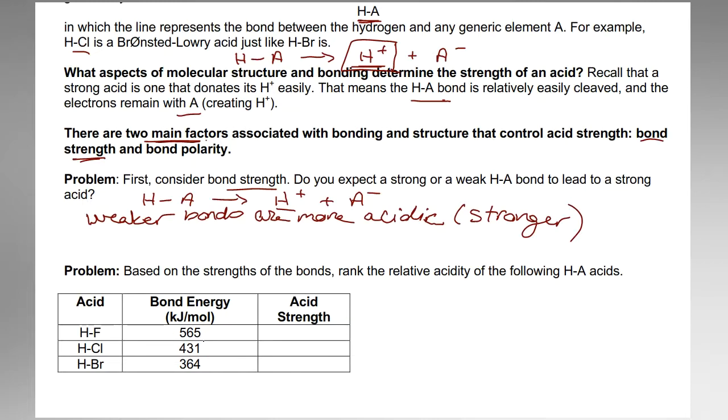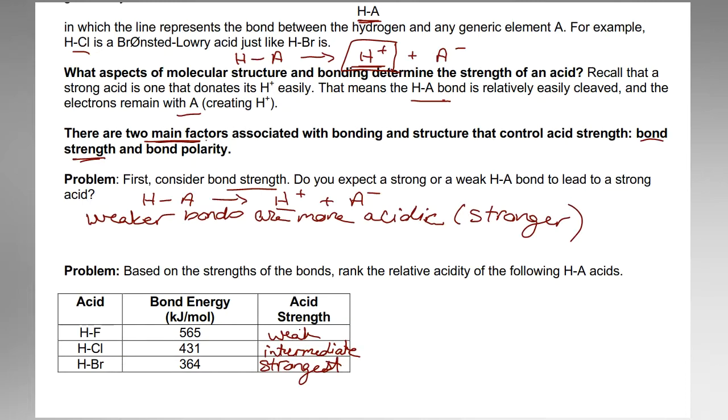So in this case, for a strong bond, we expect HF to be the weakest of these three acids because we need the most energy to be able to break this bond. On the other hand, the HBr has the weakest of the three bonds, so we expect it to be the strongest acid. Similarly, we expect the strength of HCl to be intermediate.